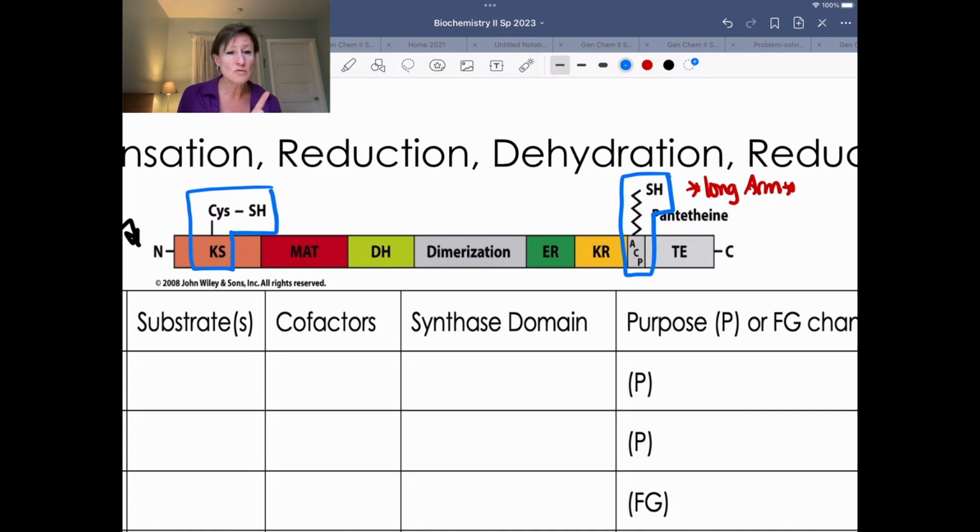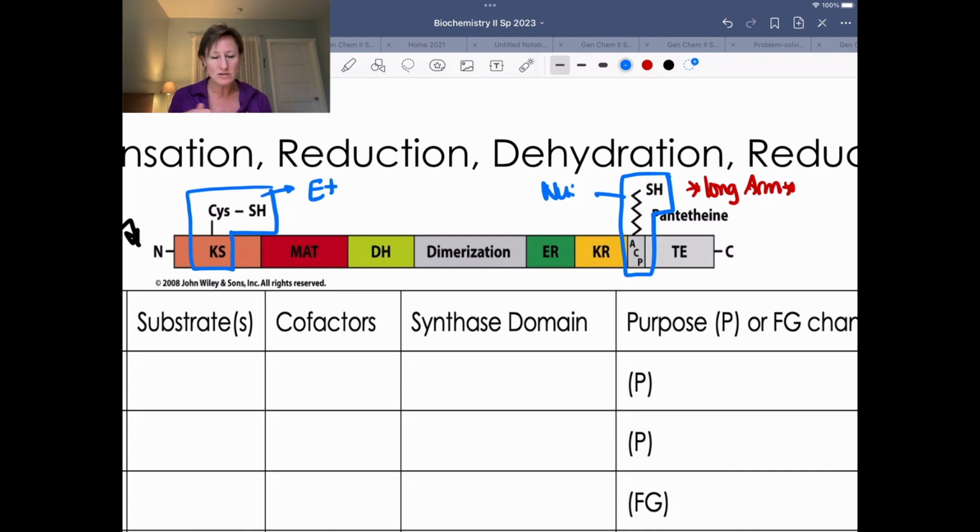This Ks domain, you'll notice, has a cysteine, so it has a thiol group there. This is going to become important on the bottom of the slide here. I'm going to highlight in a second where we see all our sulfur-containing functional groups, and how we are going to utilize those. When we start doing our chemistry, our electrophile is always going to be sitting in this Ks domain, and our nucleophile, when we start doing our condensation chemistry, is going to be in this acyl carrier domain with this long arm.